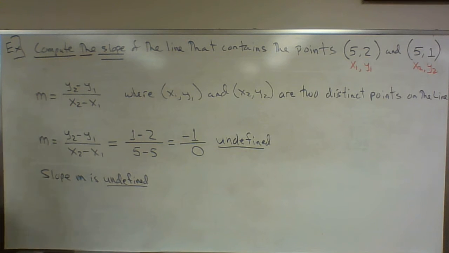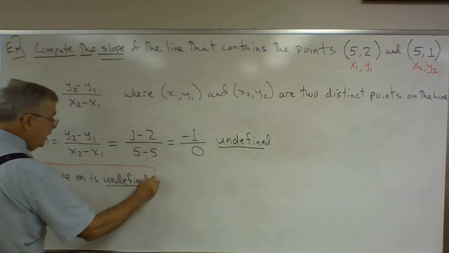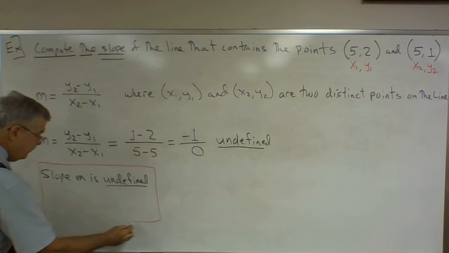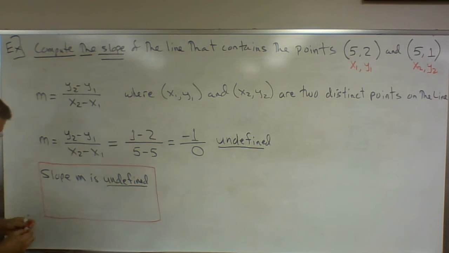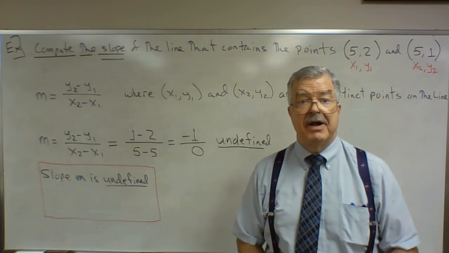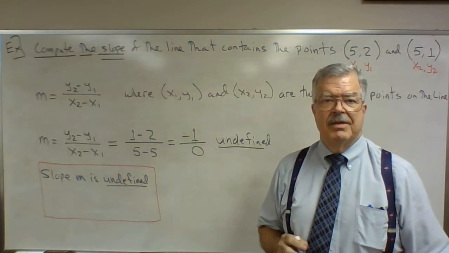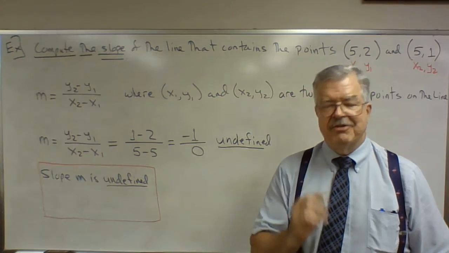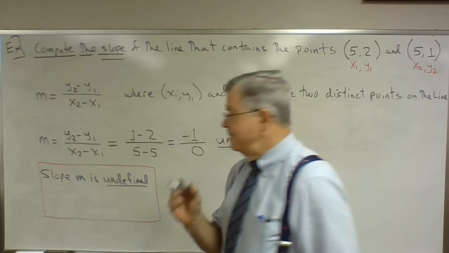So that's our answer. And let's just milk this a little bit more. When we have a line that has an undefined slope, what does it look like? That's right, vertical line.